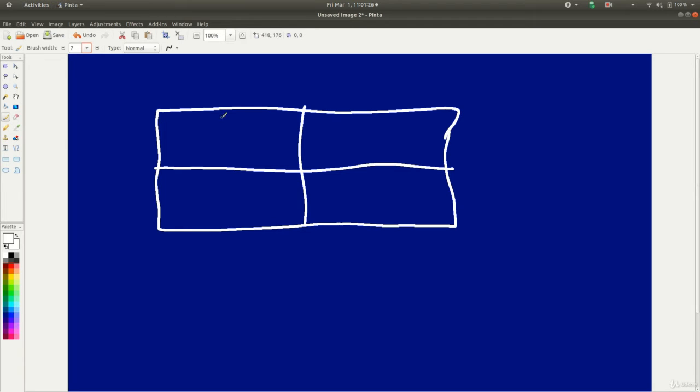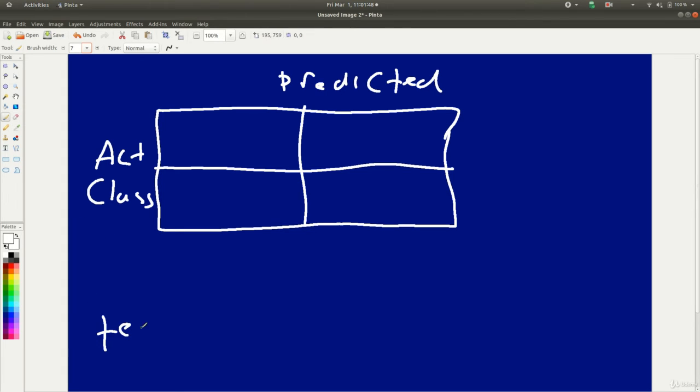And so across the top, you often have the predicted values up here. And then over here, you'll have the actual. And so this is what you would get, for example, when you look at, we commonly use, test$class or something.